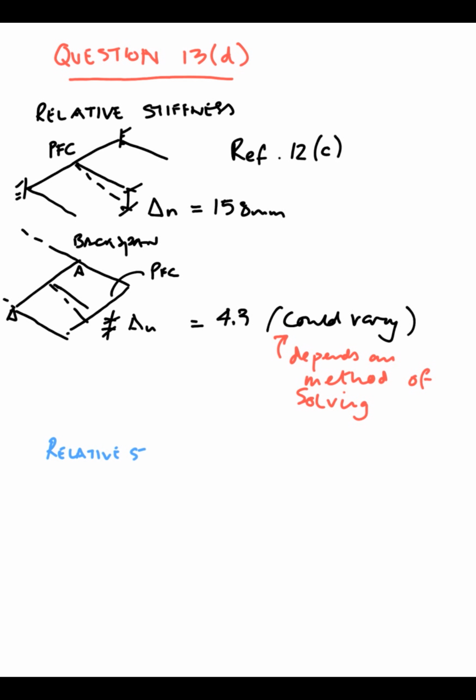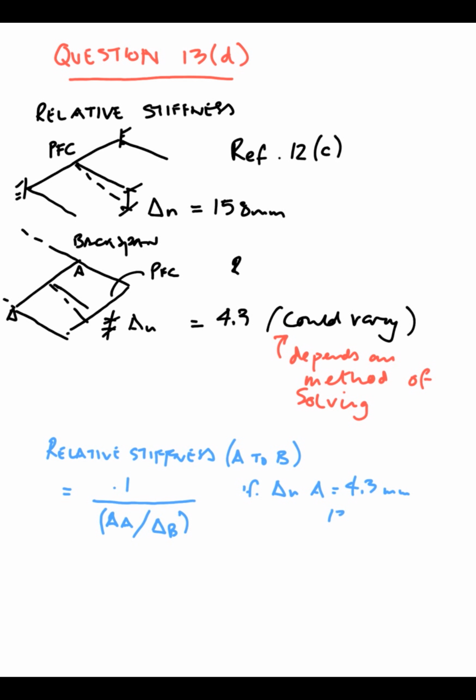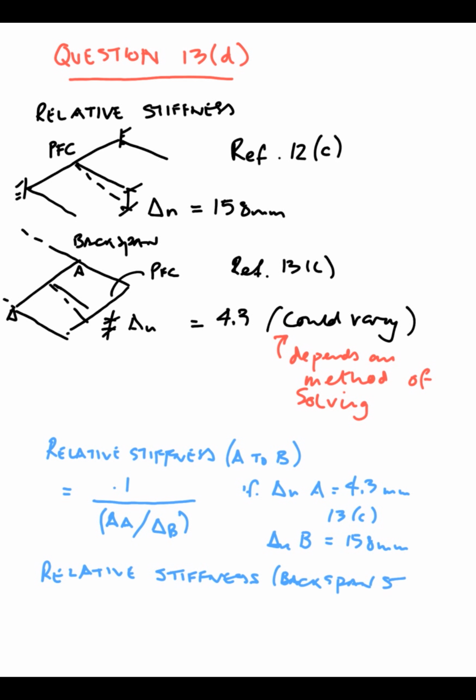This could have varied depending on the method of solving, but if you wait until the end of this video, you should see what I am talking about. So the relative stiffness of A to B is 1 over the deflection of A divided by the deflection of B, where A is the backspan system, which is 4.3 millimeters.